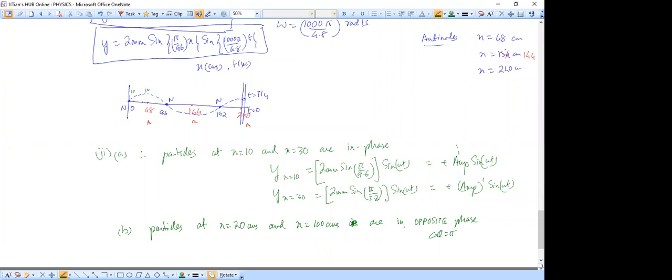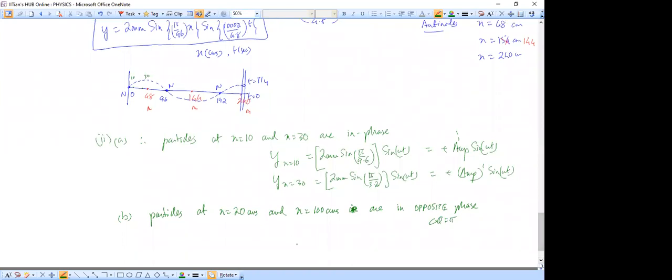तो जो सेकेंड वाला पार्टिकल है 100 के लिए, उसके लिए क्या होगा? ये जो साइन टर्म है, it will be between pi and 2 pi, so it will be a negative quantity. So that is why you will see that for x equal to 20 you get some amplitude, let's say a1 sine omega t.